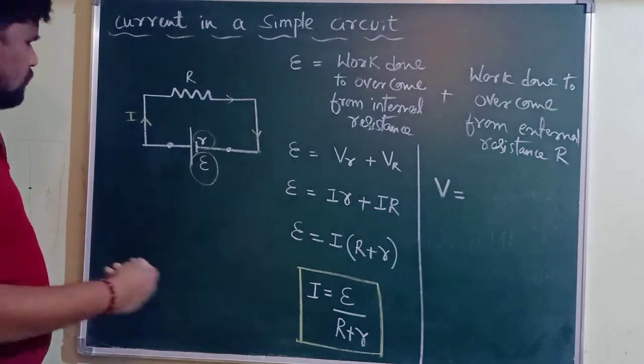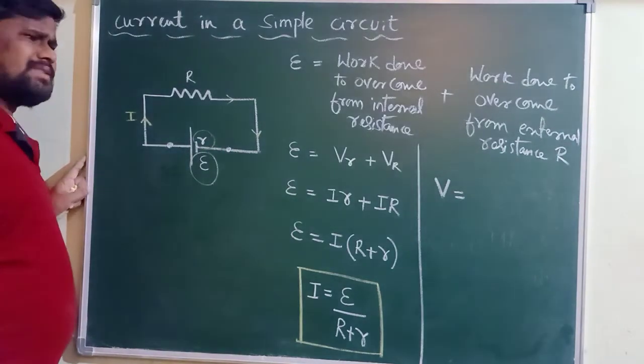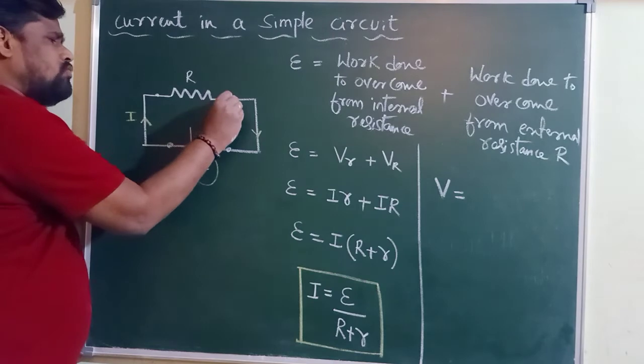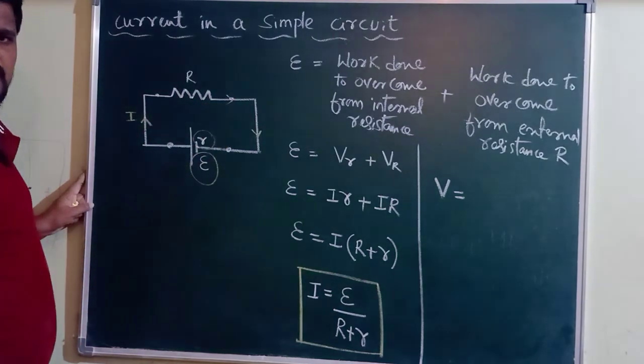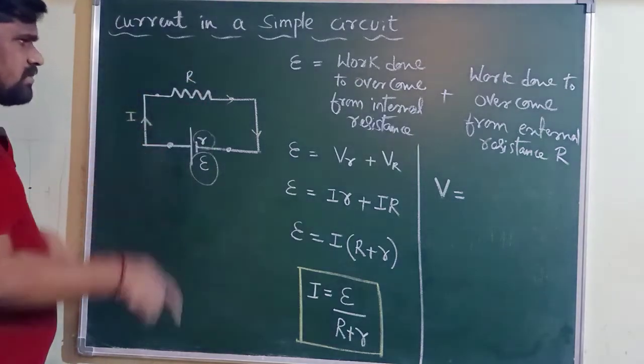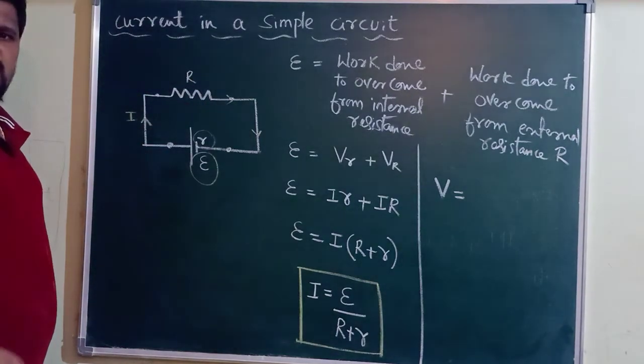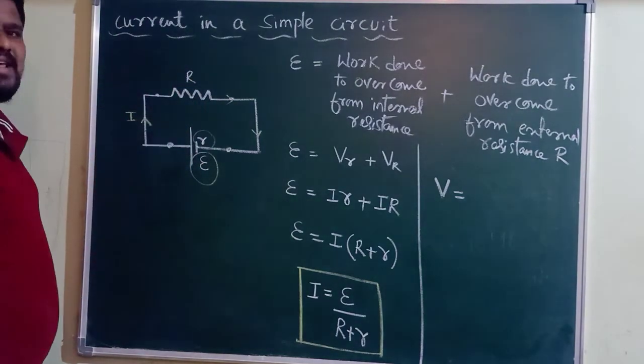You can consider these two points or else these two points, no problem here, because these two are connected in parallel. When components are in parallel, definitely they are at the same potential.